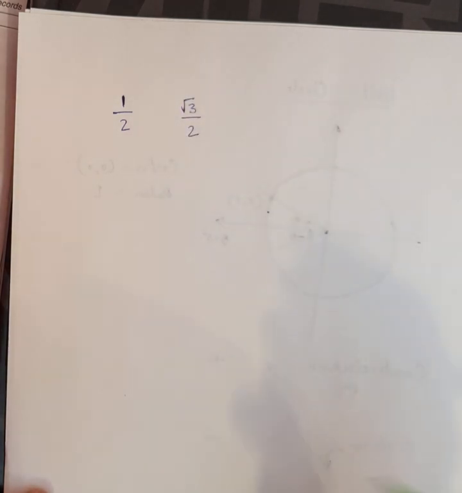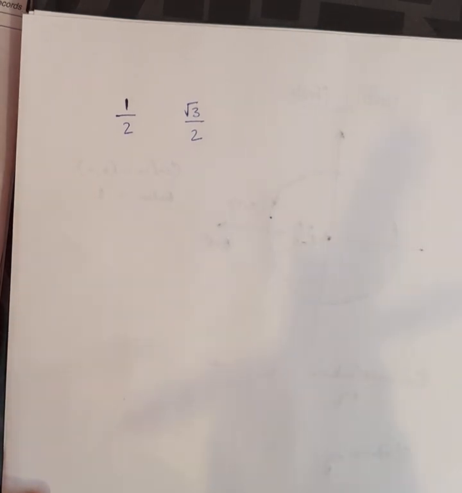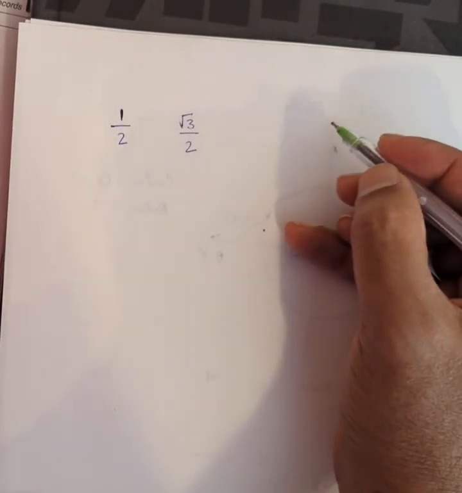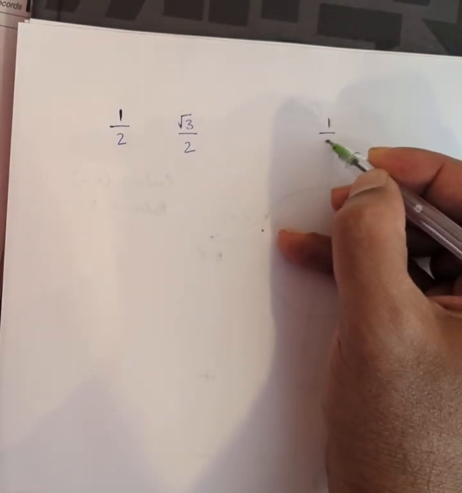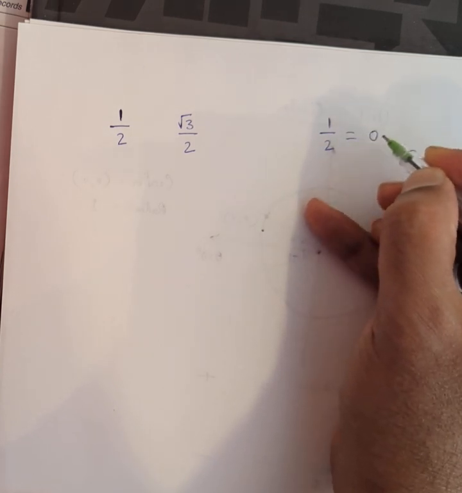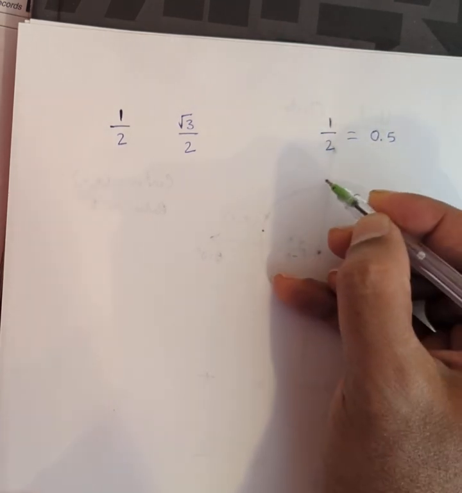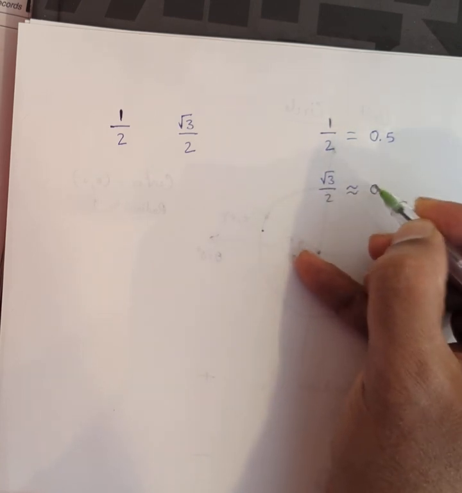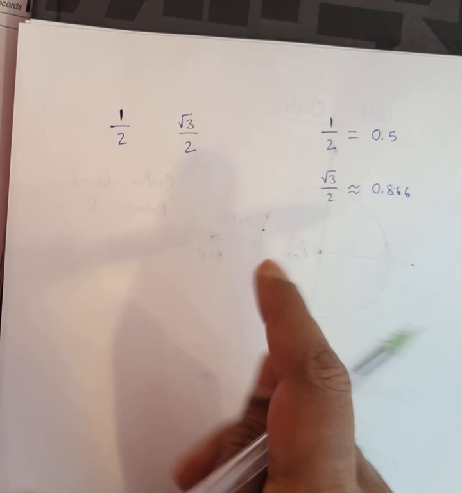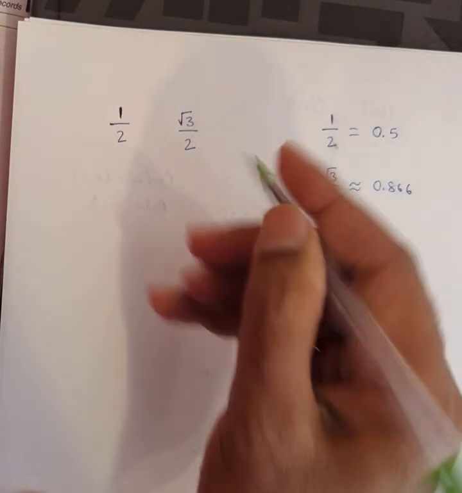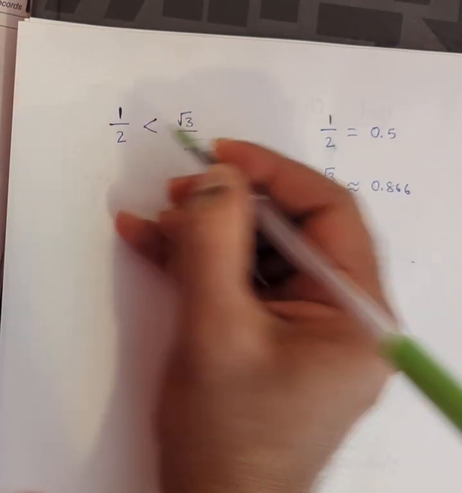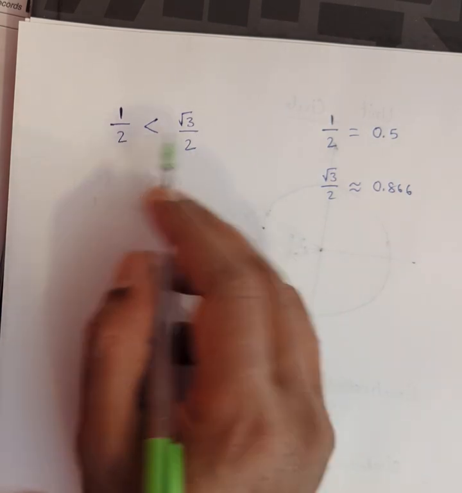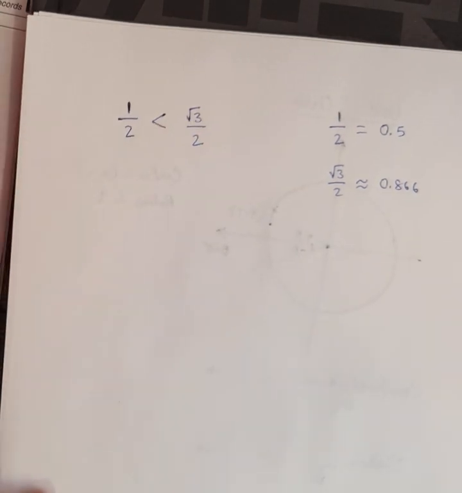There are these 2 fractions that appear in the unit circle. And what we want is their relative sizes. 1/2, we all know it's 0.5. Root 3 over 2 is irrational and it's about 0.866. So definitely root 3 over 2 is bigger than half, and that's what we want to know.